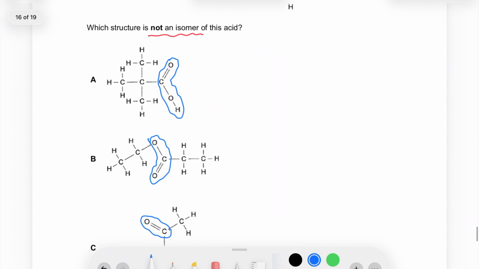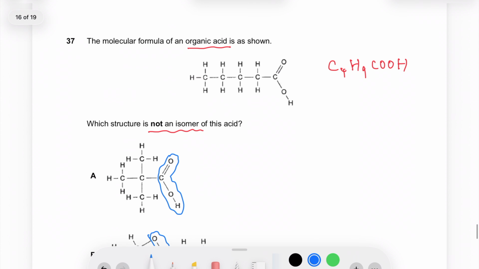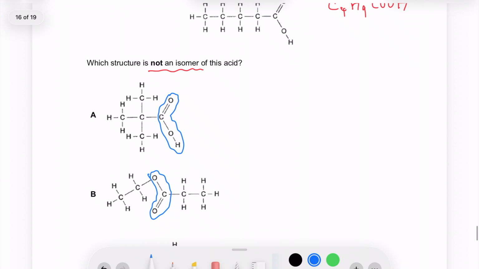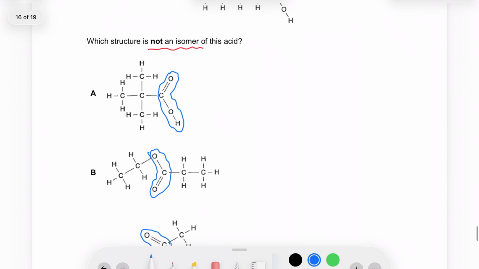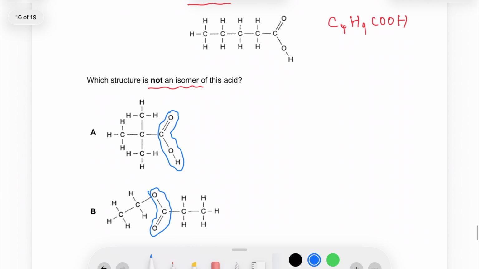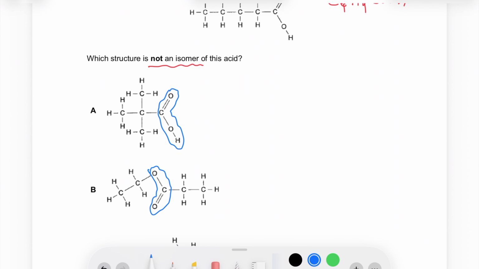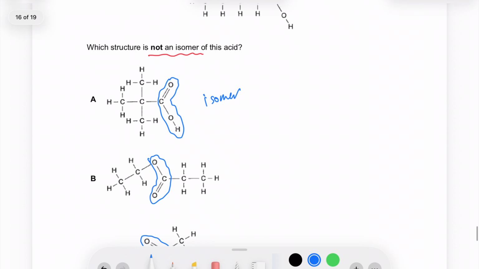So let's come back. Which structure is not an isomer? Let me see. So you have to count. Just make sure the numbers tally. This one definitely is an isomer. Okay.